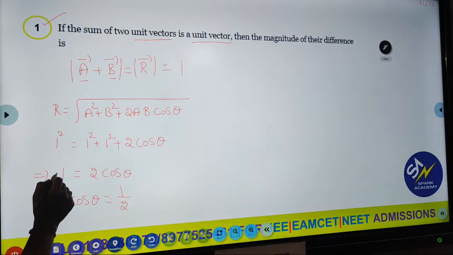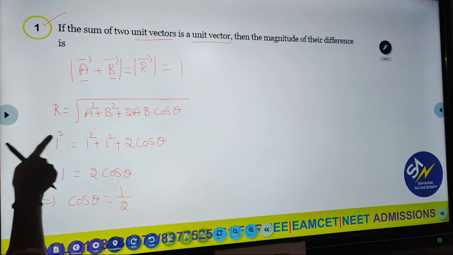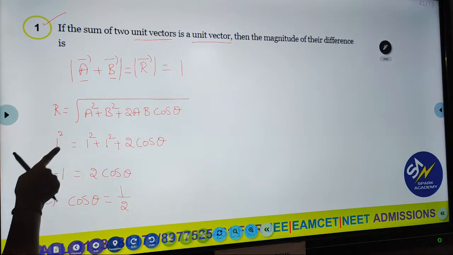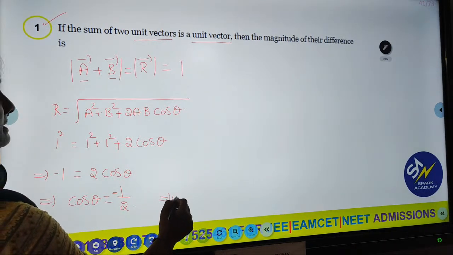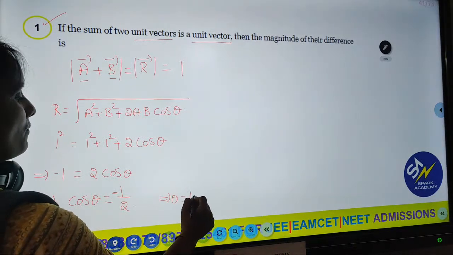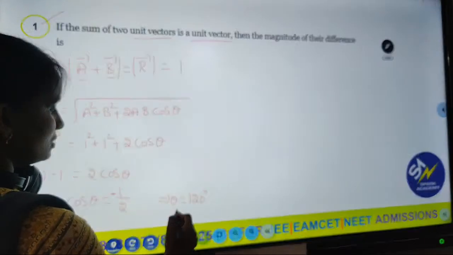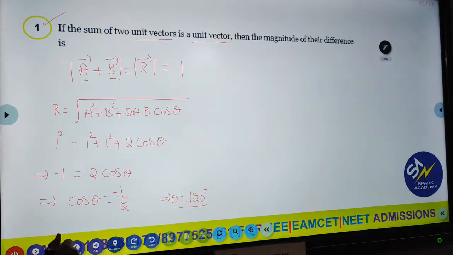Actually we get minus 1 here, because 2 will come this side, 1 minus 2 becomes minus 1. So it is minus 1 by 2. Then theta is equal to 120 degrees. So here we just find the angle between the vectors when their magnitudes are equal to 1.